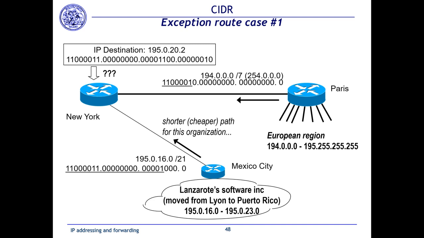So all the packets to Europe are sent to this router, except the ones explicitly indicated in another line of the table, which are sent to South America. So when a packet is addressed to a host in Mexico City, the headquarters of the company, it will arrive at the New York router, and thanks to the longest prefix matching rule, it will be sent to Mexico, not to Europe.